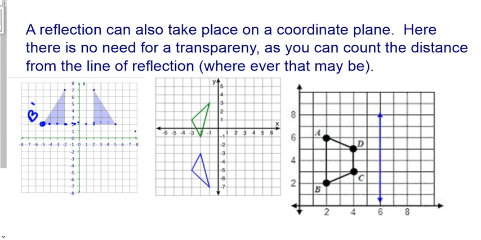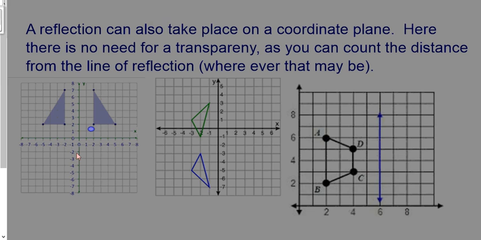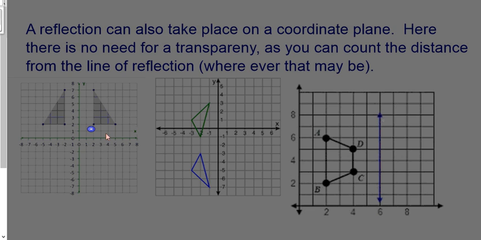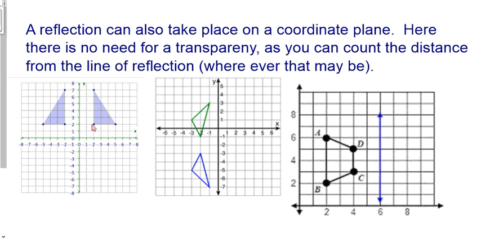Now, that's the biggest mistake that we see in reflections. People say, well, this is C. Sorry, guys. If this is C right here, then C would have to be this one. That's if it's a translation. This is a reflection. If C is only 1, 2 away from the line of reflection, then you count 1, 2, and this one would be your C prime.